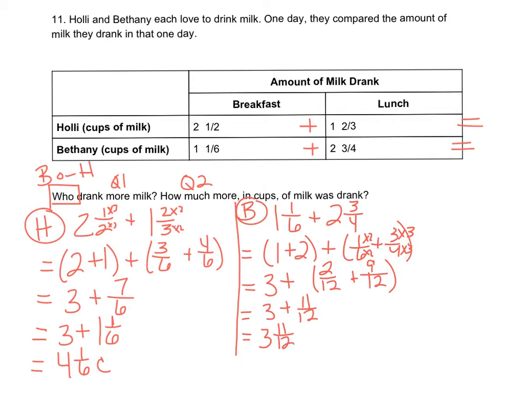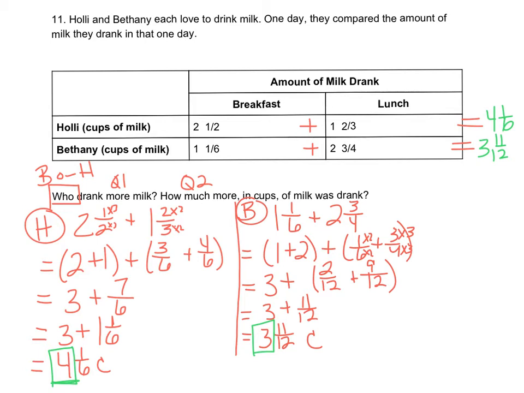Uh-oh. I need to be able to compare 4 and 1/6 with 3 and 11/12. Oh, no, I don't. Look, this is easy. Oh, I love this. 4 is bigger than 3. So if Holly is 4 and 1/6, and Bethany is 3 and 11 twelfths, Holly drank more.